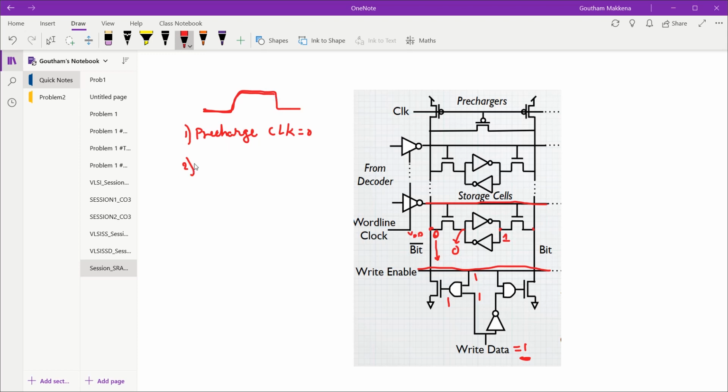So after pre-charge, if the CPU wants to write, with the help of the word line, it selects the particular location that it wants to write. This is when the clock becomes 1, the word line is also made 1, and a particular RAM location is selected.